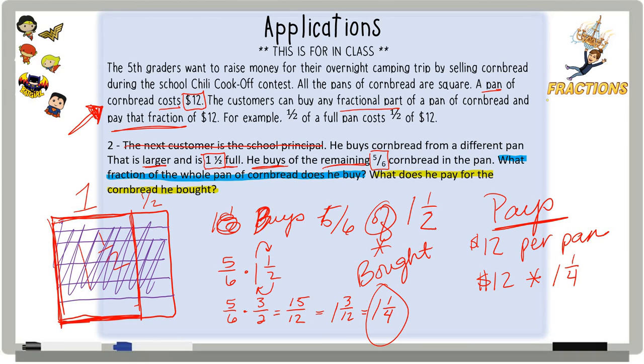So in this case, we know logically if he bought more than a pan, he should pay more than $12. So we're going to take that 12 and make that improper by putting it over 1. We are going to make the 1 1/4 improper. One group of 4 is 4, plus 1 is 5. Okay, 4 goes on bottom. 12 times 5 is 60. 1 times 4 is 4. And I know that 60 divided by 4 is 15. Okay, so this principal purchased 1 1/4 pans of cornbread and paid $15.